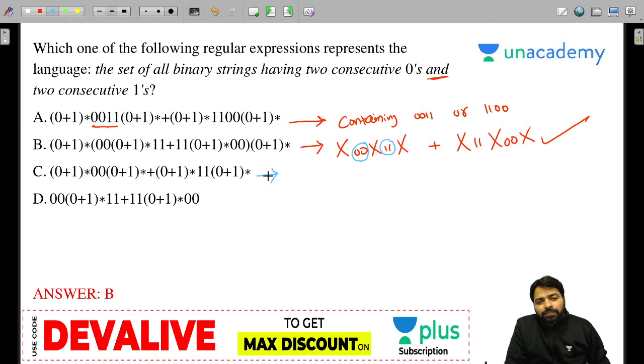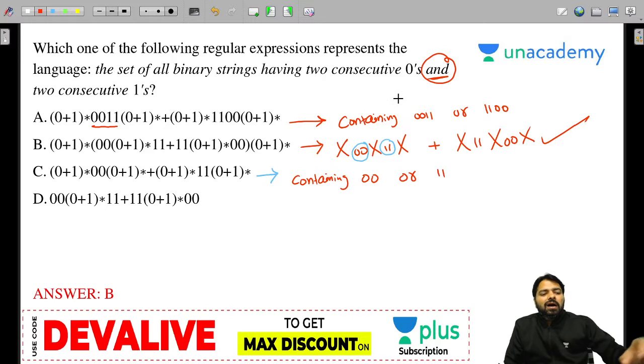Okay, this one, what is it? This is a different one. It is containing 00 or 11. But we want and, guys. Okay, next one.